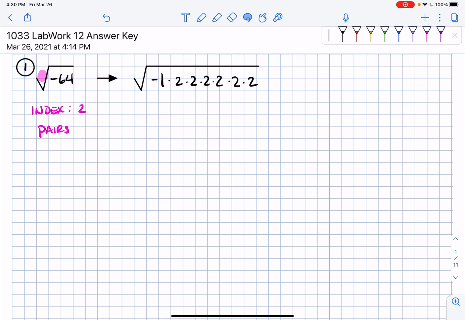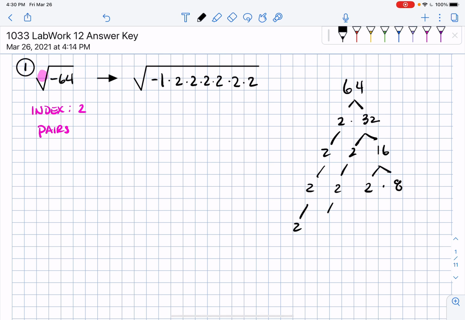And don't forget, to get that, you would just do 64. 2 goes into 64 32 times. 2 goes into 32 16 times. 2 goes into 16 8 times. 2 goes into 8 4 times.